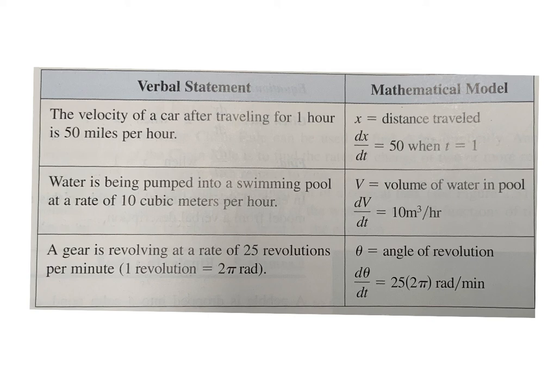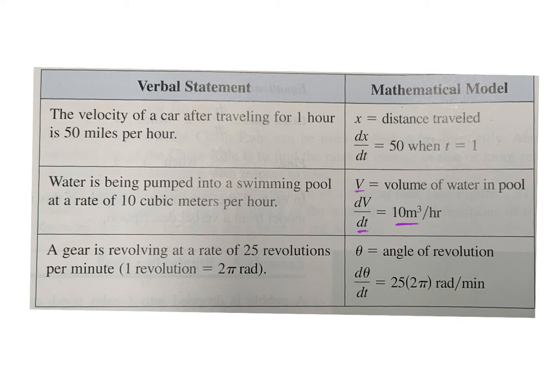Water is being pumped into a swimming pool at a rate of 10 cubic meters per hour. When they're talking about filling something up, they are talking about volume of water. So the volume is changing at a positive 10 cubic meters per hour, all right? And by the way, if they say cubic, they're also talking about volume. That's their 3 dimensions, right?